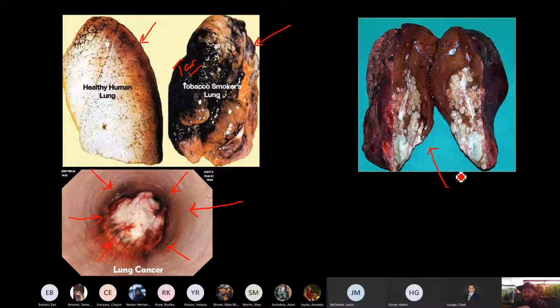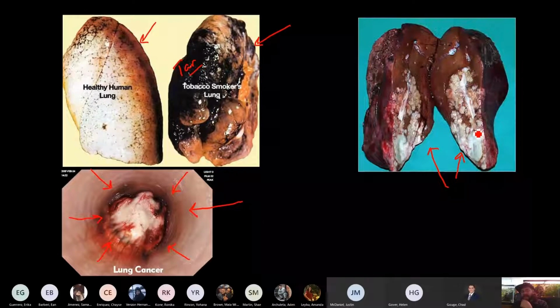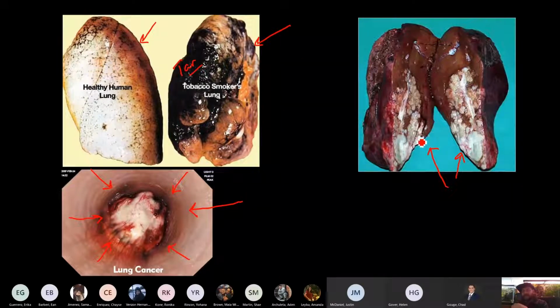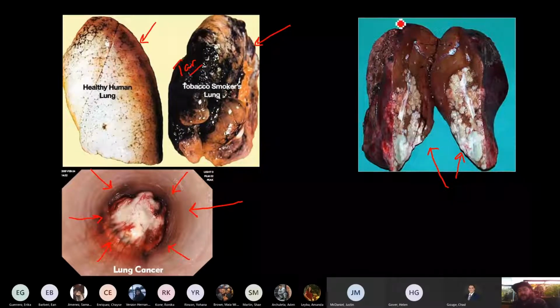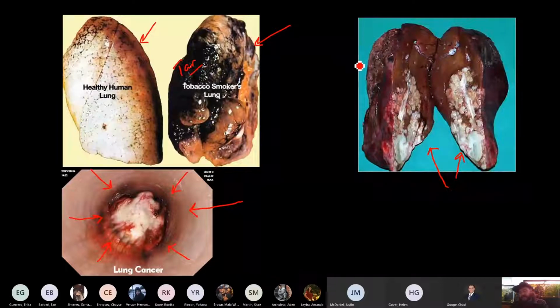And this is late stage lung cancer from someone who died of it. And you can see significant amounts of that lung are just non-functional masses, just tumors. So that person probably had like a 15% respiratory functioning at the time of their death. So lung cancer kills you by suffocating you, which is terrifying.